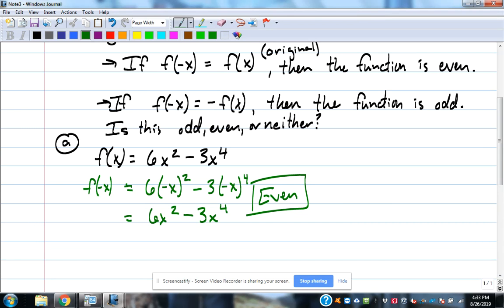The shortcut is, if all of the exponents on the variables are even exponents, then it's an even function. If all the exponents are even, the function is even.